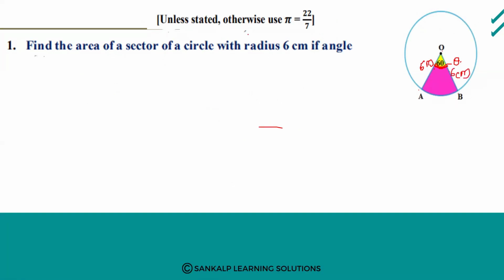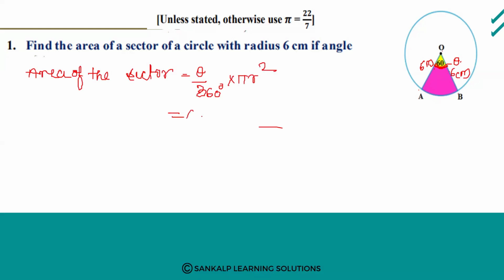So the area of the sector, again the formula is theta divided by 360 degrees into pi r square. Here theta is 60 degrees divided by 360 degrees into pi value 22 divided by 7, r value 6 into 6 because r square is there.